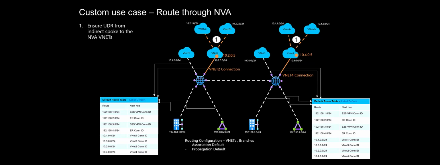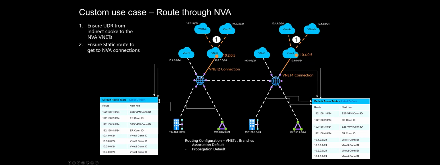Now, those indirect virtual networks that may be branching off from where your NVA lives, unfortunately, those do have to have user-defined routes. So you need to specify a UDR to point to your NVA VNet. So typically this will be a shared service VNet or maybe a dedicated VNet for your network virtual appliance. And then you need to specify a static route in order to get to those NVA connections.